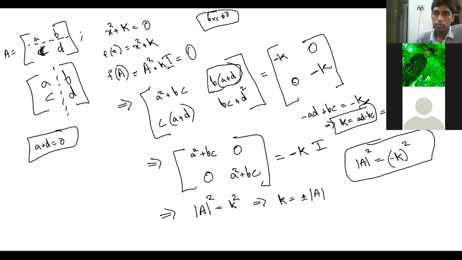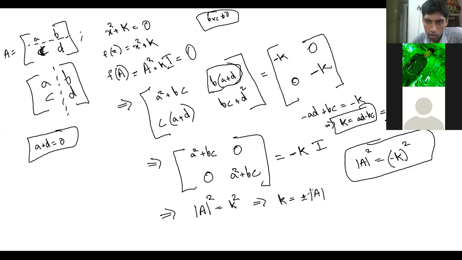From his solution, I understand, but on my own, I'm not able to. Determinant of a square will be k square, k equal to plus minus. Okay, let us put it this way.